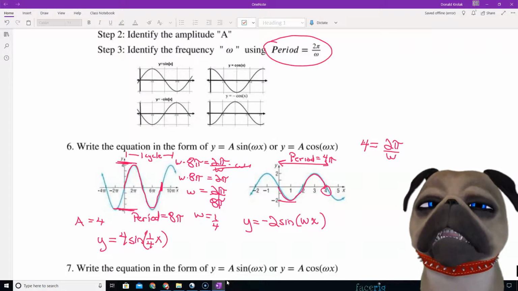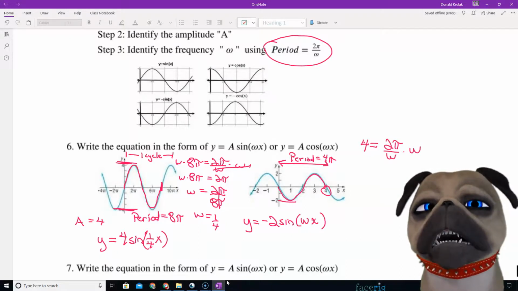Omega tells us the frequency, how many cycles we see between 0 and 2 pi.